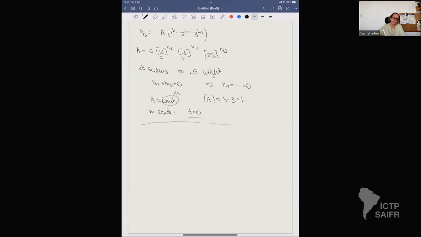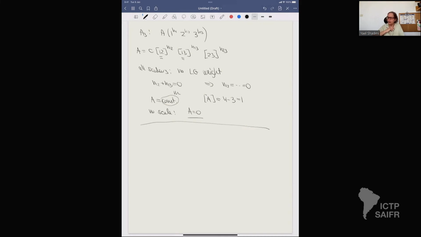So this is just for the scalar case, but now let's do the full story. If we have particles of non-zero spin with helicities h1, h2, and h3, we can look at the little group charges under each one of these.